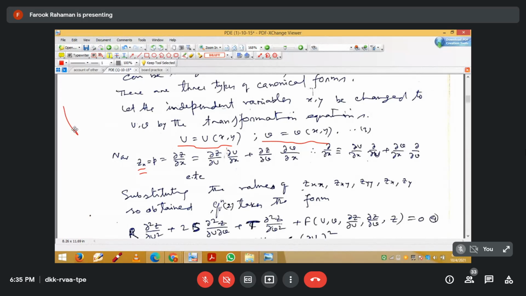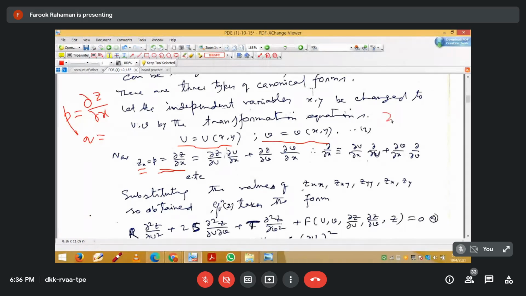I have already mentioned we use the notation p. p is nothing but del z del x. Similarly, q is del z del y. Okay, so that's not a problem. Now we use the transformation to find p.